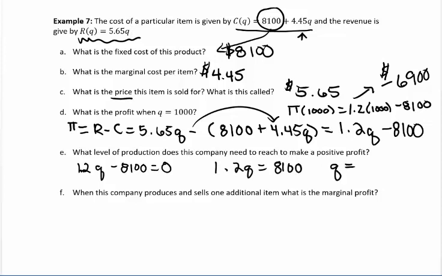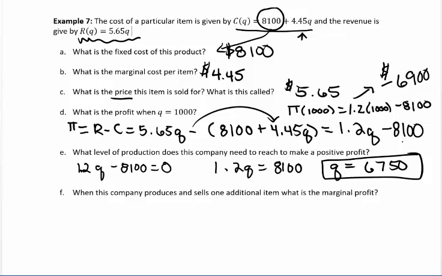Divide both sides by 1.2, and we're going to get 6,750. So remember, that's the amount that we would need to make and sell of this product in order to break even, which is when the profit is 0. So in order to make a positive profit, we're going to need to sell 1 more than that, right?